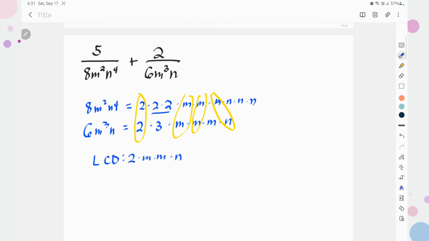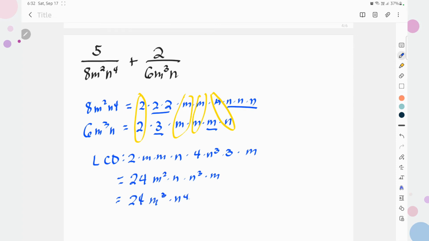And then what is left? 4 times n cubed times 3 times m. Now, multiplying that, 4 times 2, that would be times 3. 8 times 3, that would be 24. Then I have m squared here times n cubed times m. Right? So simplifying that, you have now 24 m cubed n to the 4th.